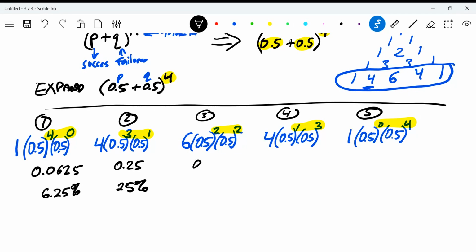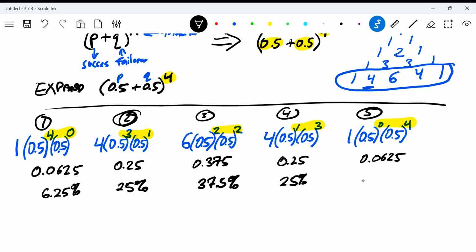The third one is 0.375, which means it's 37.5%. The next one is a mirror image of the second one, so it's also 25%. And the last one is a mirror image of the first, so that one's 0.0625, or 6.25%, or 6.3% if you wanted to keep to one decimal place.